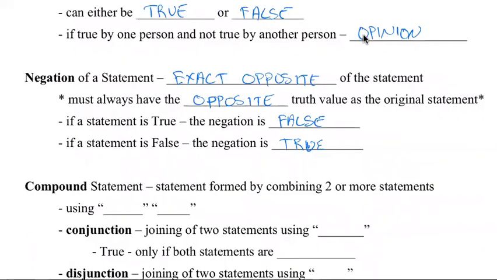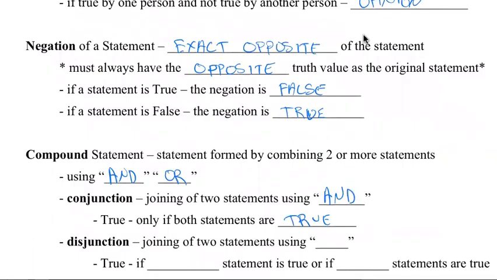We talked about compound statements. Compound statements are formed by combining two or more statements, either using and or or. Conjunctions are joining two statements using the word and, and they're only true if both statements are true. So it has to be both.